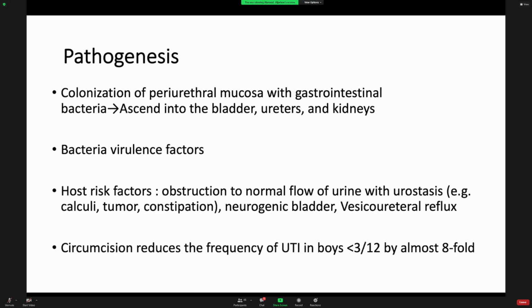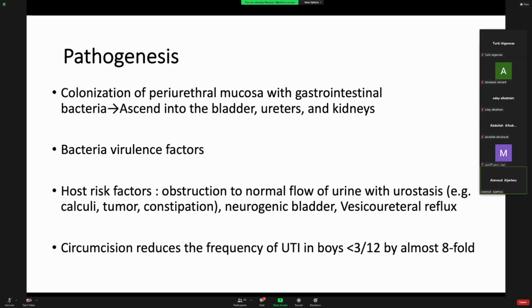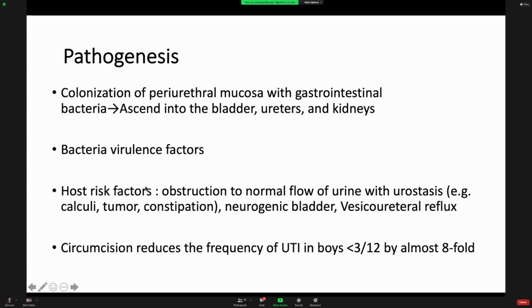Usually the pathogenesis is colonization of the periurethral mucosa by GI bacteria, which ascend to the bladder, ureters, and kidney. Certain bacteria have virulence factors, like E. coli, Klebsiella, and Proteus.